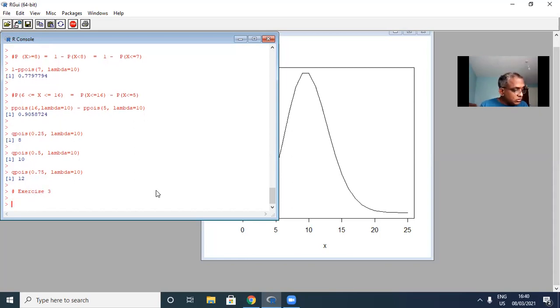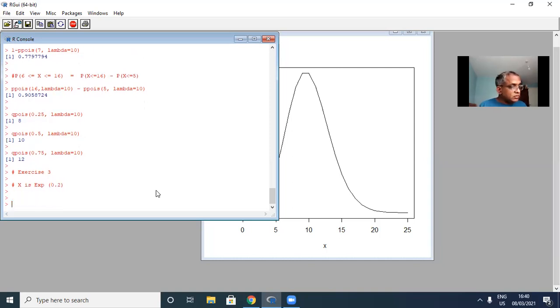So next one is asking you to plot the PDF of X. So here you're told that X is exponential with parameter 0.2, right?